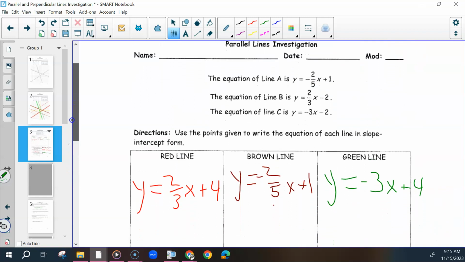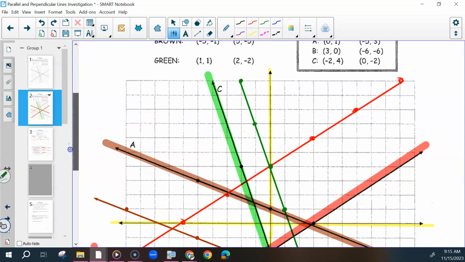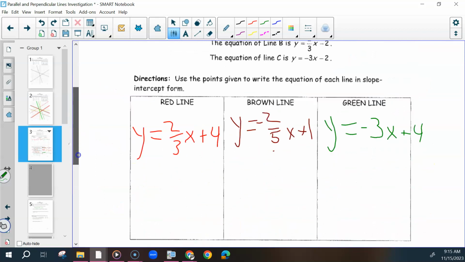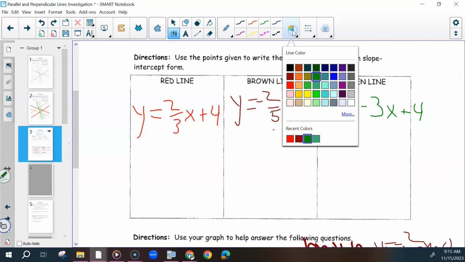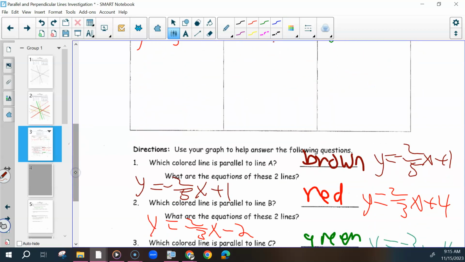I don't know why I put positive. That should definitely be negative. Okay, that was my fault. Okay, so then they're all different.